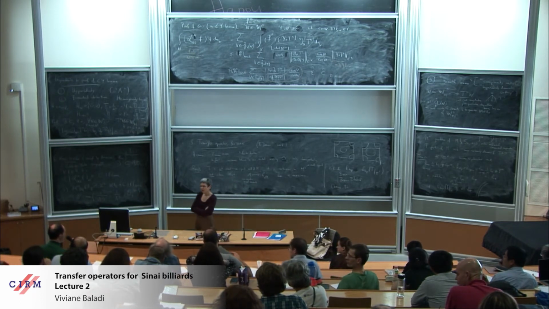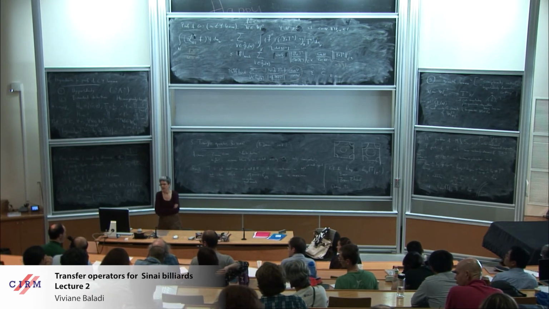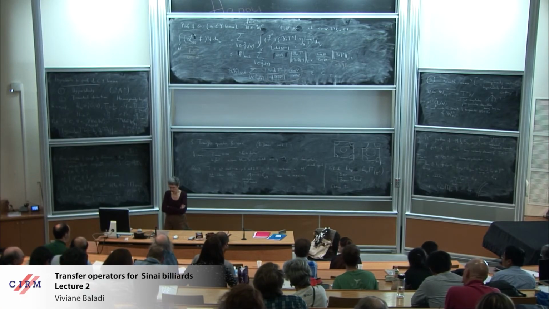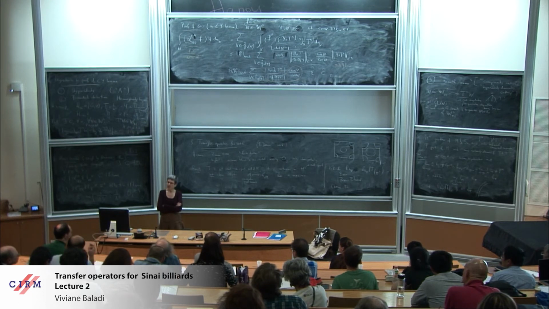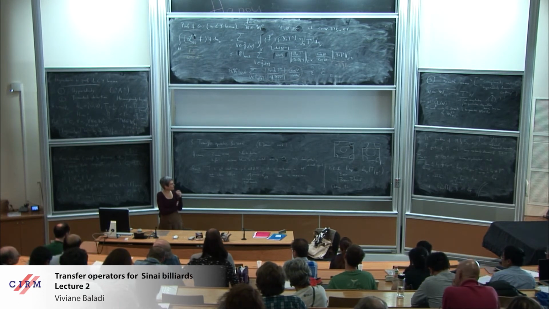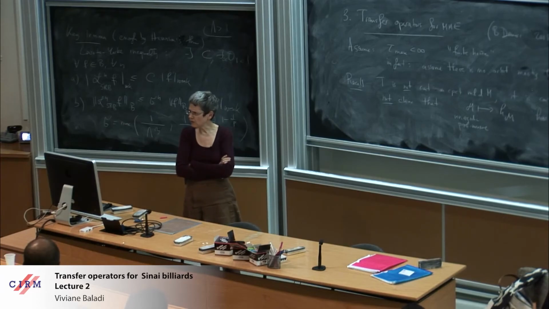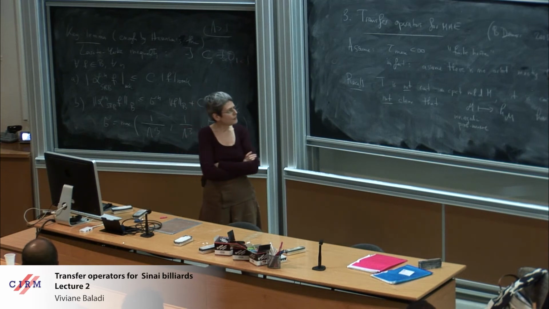Does your result say something about continuity of topological entropy when you change scatterer configurations? We didn't think about it actually. So I don't know. I mean, that's a question about the first theorem, right? It has nothing to do with the Banach space or the transfer operator or anything.